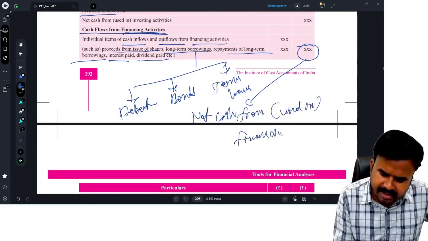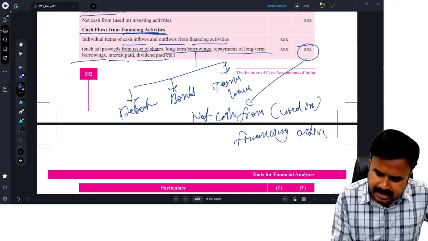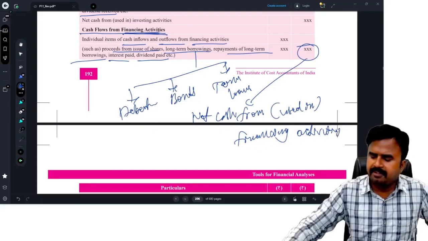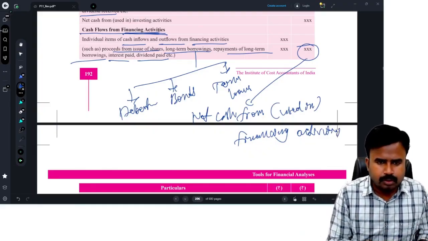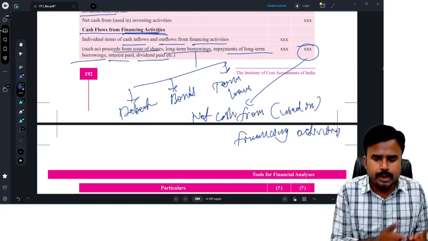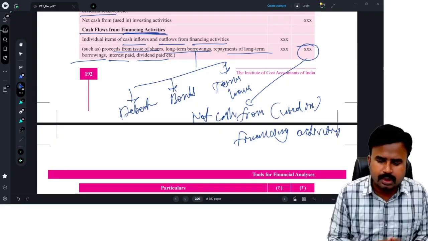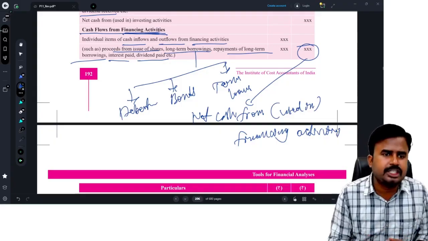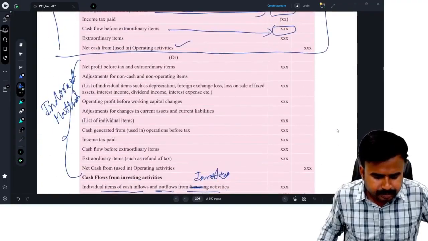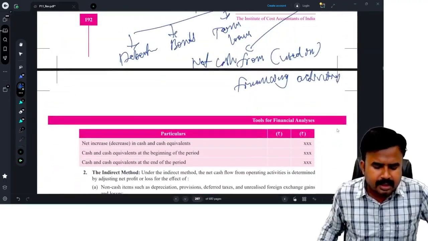The same sentence which we have used in investing activities should be used here. Why, sir? See, the financing activity can result in generation of cash flow, or it can result in use of cash flow. So if it is a negative balance, that's a use. If it is a positive balance, that is a generation of cash flow. Okay. So this is regarding all the transactions.